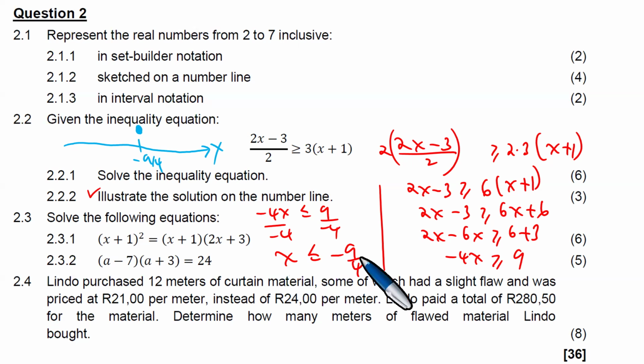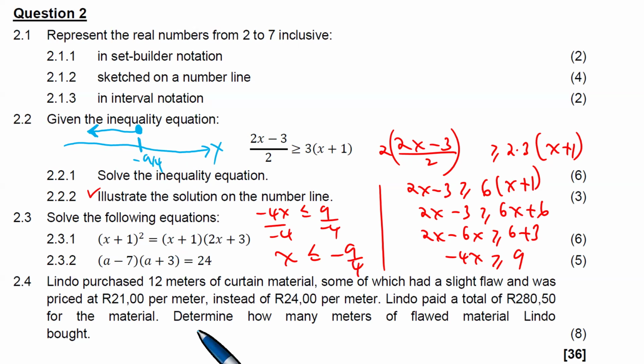But here X is less or equal to that, which means that X is less. We proceed to the left. That is what we're getting.